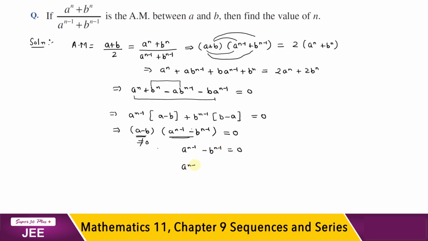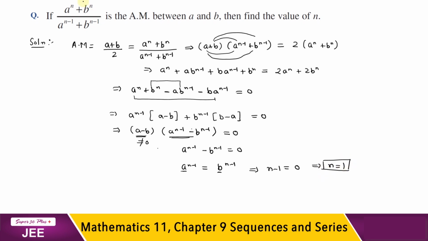So a^(n-1) is b^(n-1). These two are going to be equal provided that their bases are different only if their exponent becomes equal to 0, and in that case n minus 1 equals 0. So n has to be equal to 1.